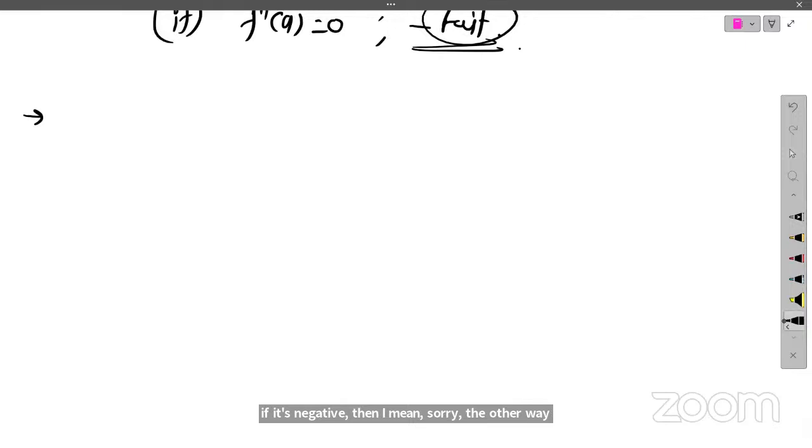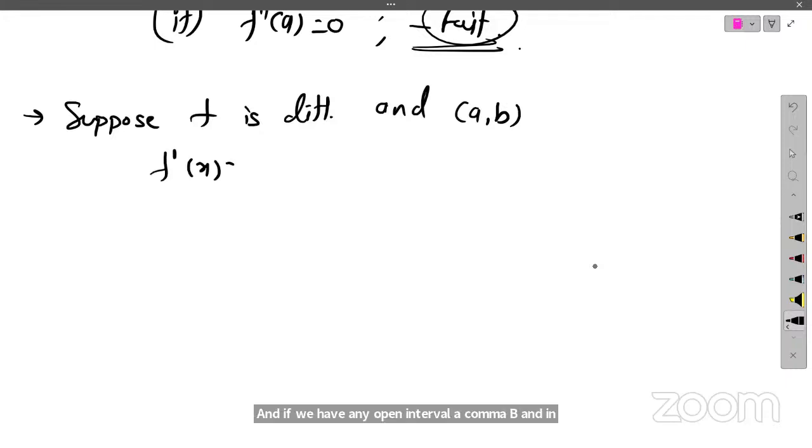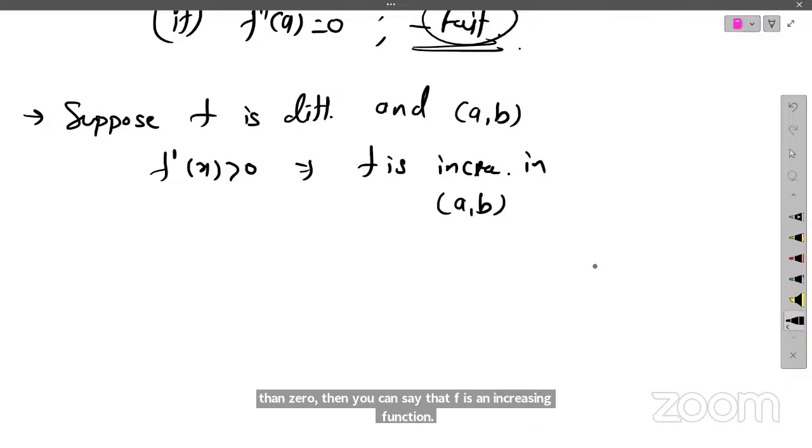Okay, so for doing that, we have to observe one relation between f dash and f double dash. I think you are familiar with this. Suppose f is differentiable, and we have an open interval (a, b), and in this open interval, if the sign of f dash is strictly greater than 0, then you can say that f is an increasing function in this open interval. Is this fact fine for you?